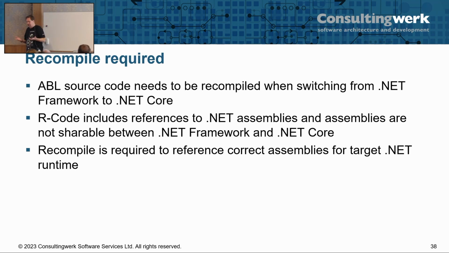The Progress compiler checks during compilation the exact versions of the assemblies that we're using. And the versions are typically different. So that's why we need to recompile. So that means we need to use the -CLR .NET Core startup parameter at compile time and at runtime, because we need to reference the same framework.